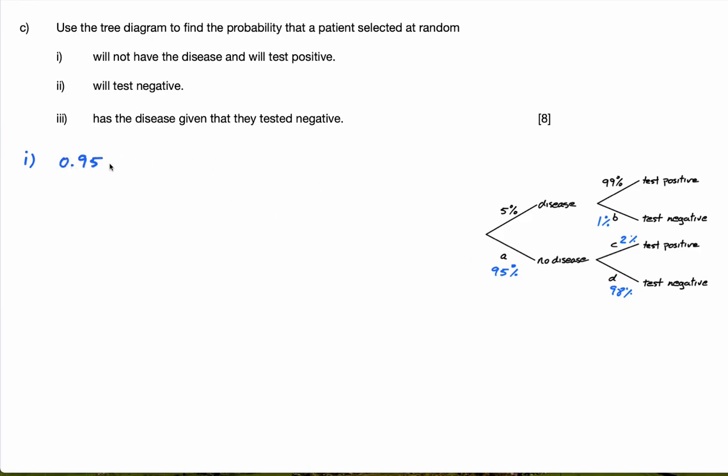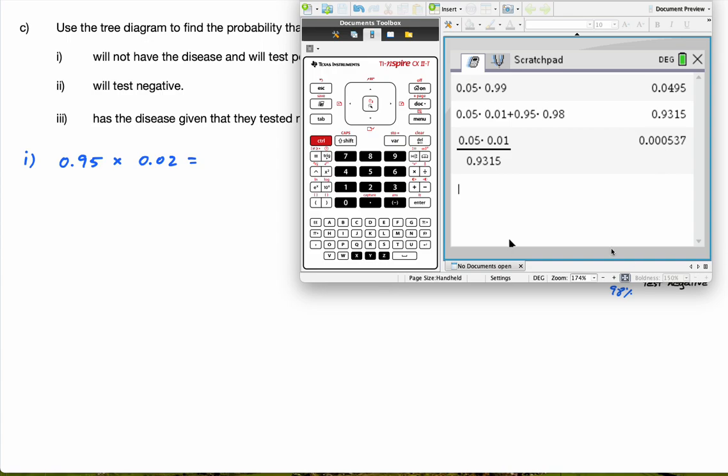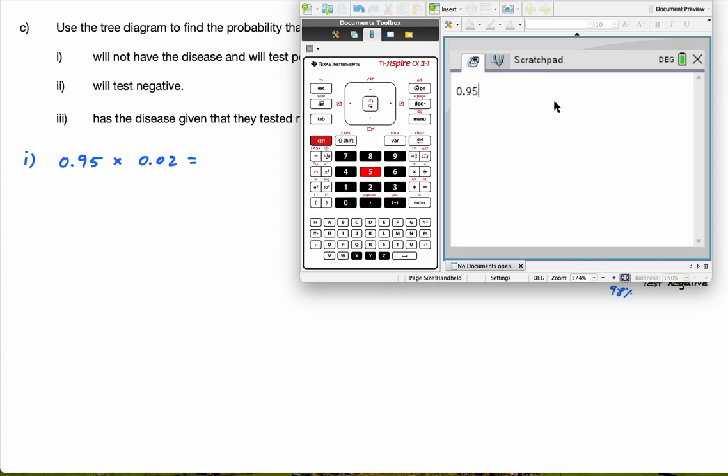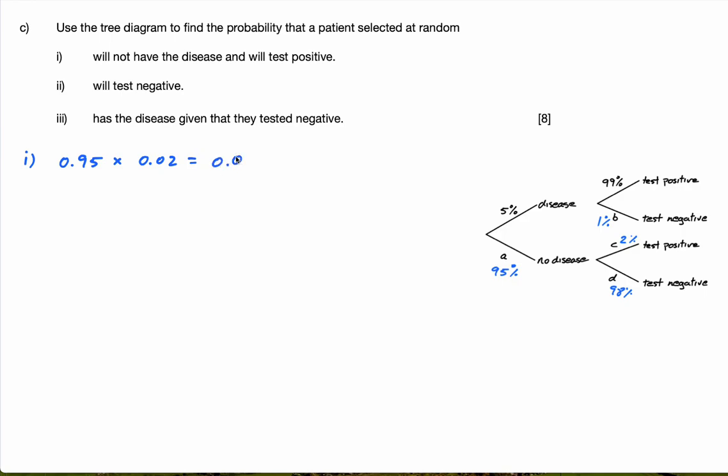We're going to do it in decimals, times no disease and positive, so times 0.02. 0.95 times 0.02 gives me 0.019. So it's possible that you don't have the disease and still test positive.